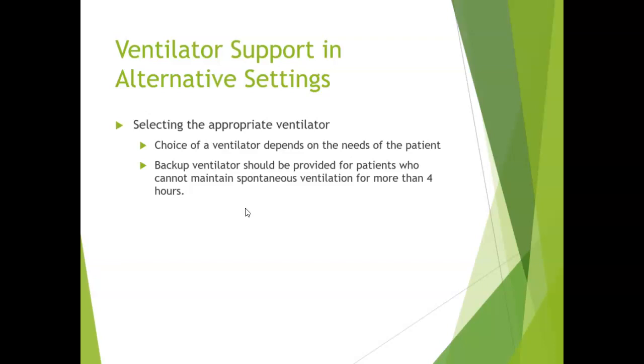When you're picking out what type of vent you want to use, you're going to make that choice dependent on the patient's needs and the ability for that vent to be backed up if the patient can't maintain spontaneous ventilation. So you don't want to send them home with one piece of equipment, and then if something fails, the patient wouldn't be able to breathe on their own for about 4 hours.